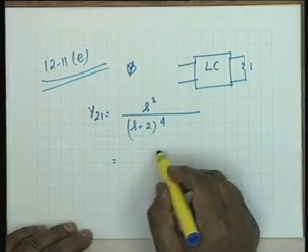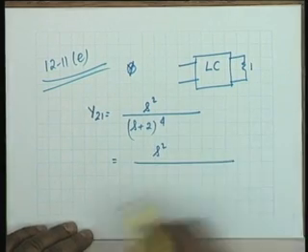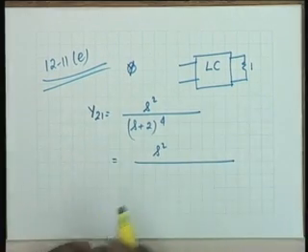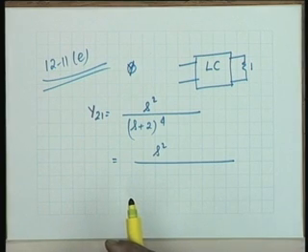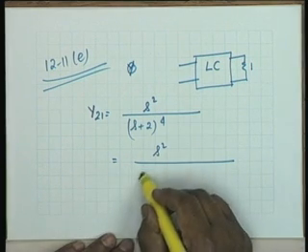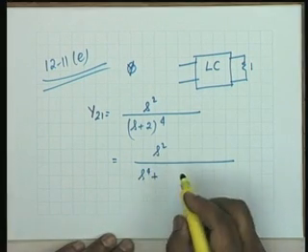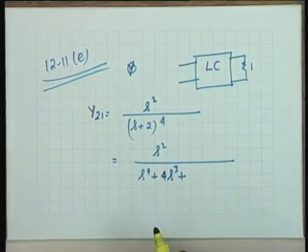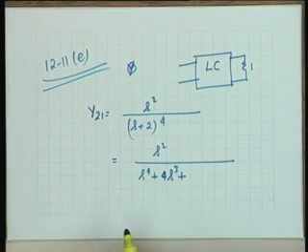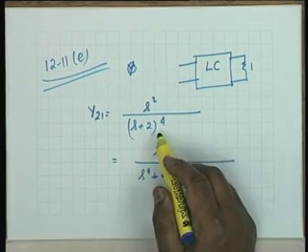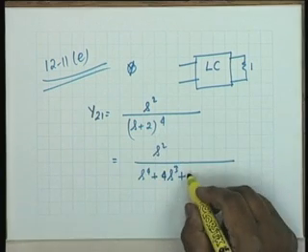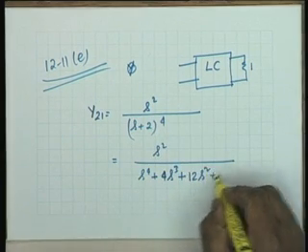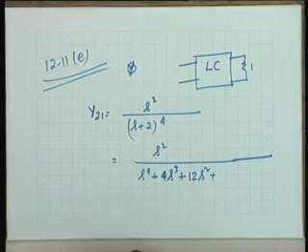So what we do is, first we write the denominator, binomial expansion. We shall have S to the 4th plus 4S cubed. Can you guess what the next one would be? 4C2 multiplied by 2, so it will be 12 S squared. What is the next one? 16.